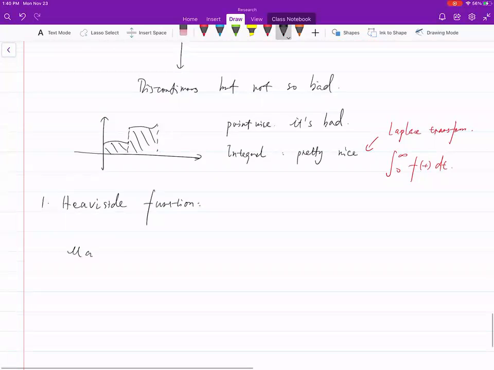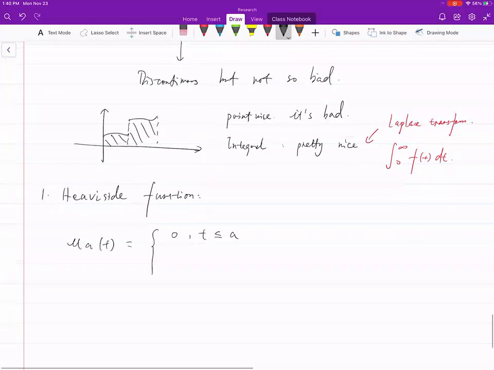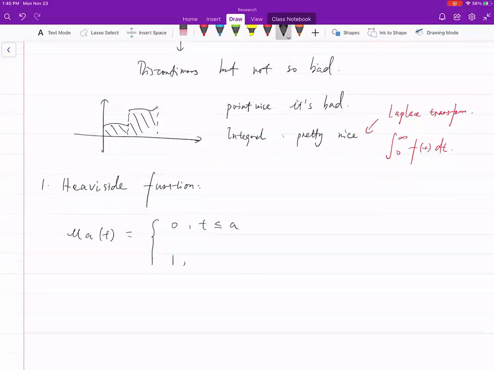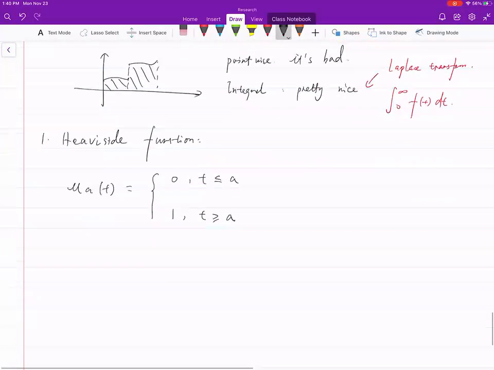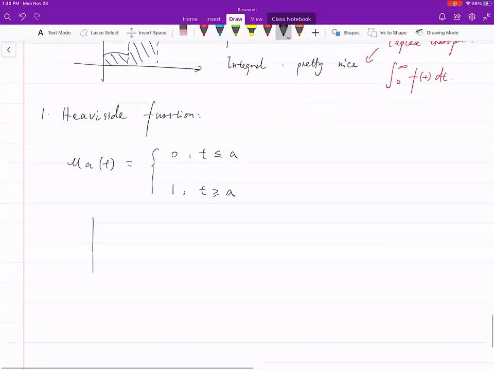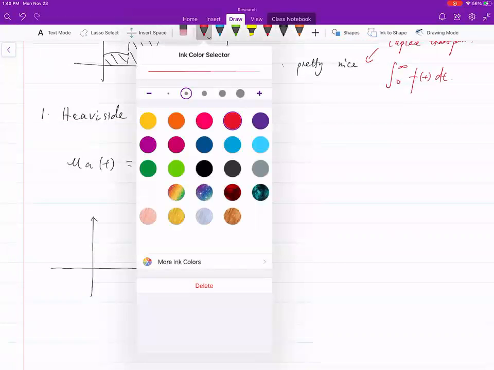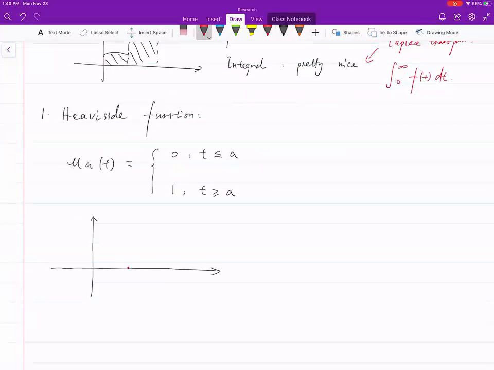U_a(t), 0 for t less than or equal to a, and 1 for t bigger than or equal to a. Which basically looks like this. So there is a circle here.